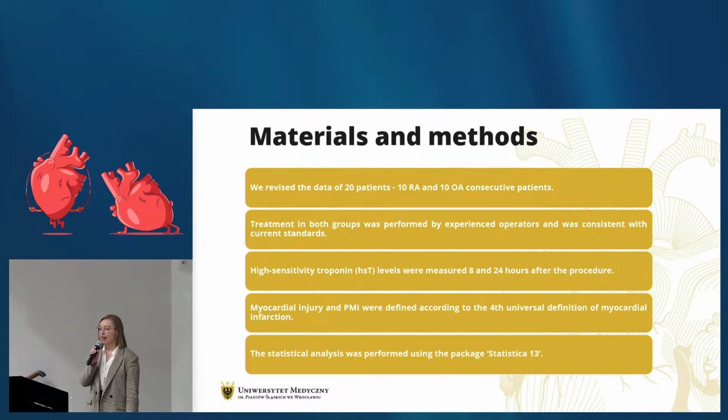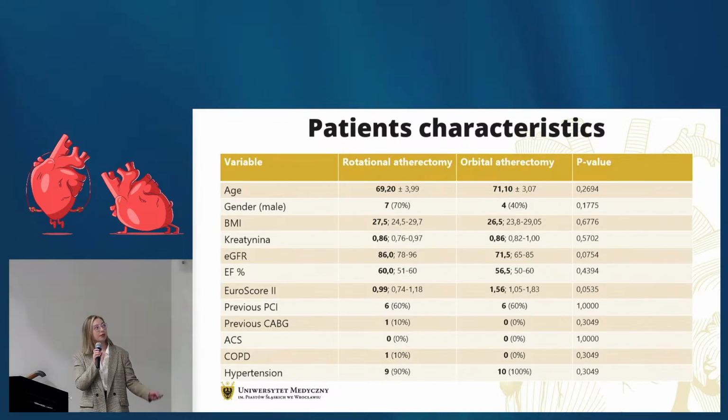To do that, we reviewed the data of 20 patients: 10 consecutive patients that underwent rotational atherectomy and 10 consecutive patients that underwent orbital atherectomy. For each patient, the levels of high-sensitivity troponin were measured 8 hours and 24 hours after the procedures. Periprocedural myocardial injury and infarction were defined according to the Fourth Universal Definition of Myocardial Infarction.